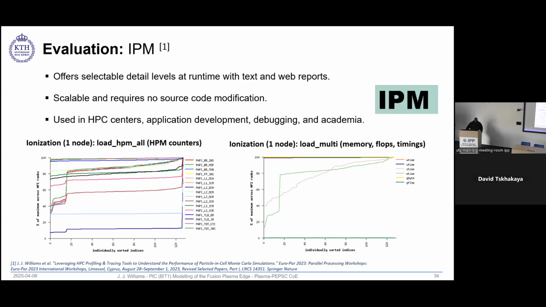It's used a lot in HPC centers, and there are a lot of papers using this tool, but development has stopped, so you won't see it much now. I use it a lot; it's very useful for academics, application development and debugging. If you like to publish papers, this is an excellent tool to help you understand what's going on with the code.